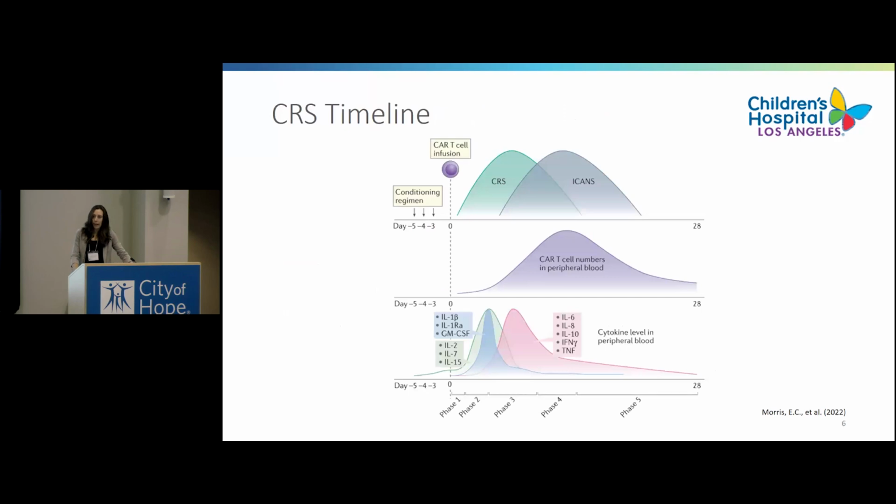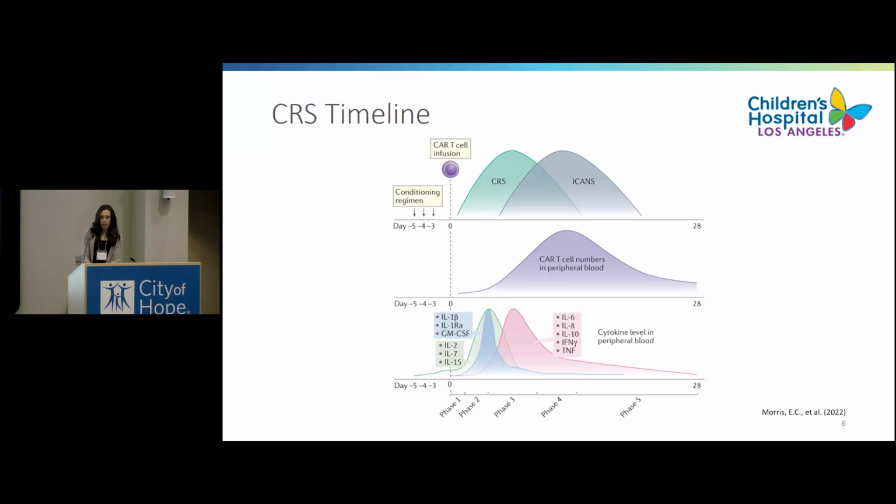So this is a nice timeline that breaks down these 5 phases. If you look at the top section, this shows CRS as it starts to peak and then ebb off, and then how ICANS follows that. These patients get their conditioning regimen for a few days prior to their CAR T cell infusion.